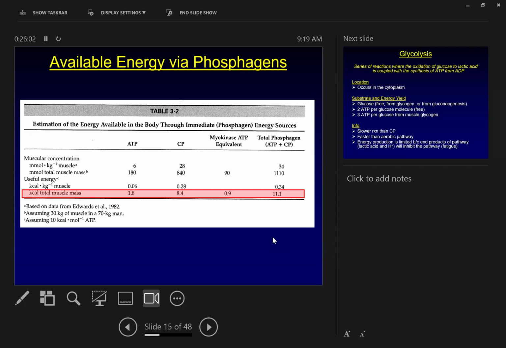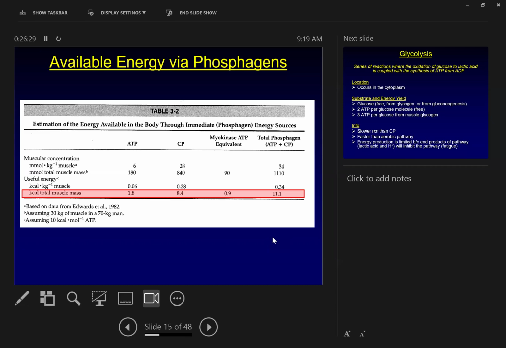But we're at about 2 for ATP, we're at about 8.5 for creatine phosphate. So about 4 times as much energy stored, maybe a little bit more, as creatine phosphate. Myokinase is about 1, so there's less ability to even do myokinase than we have stored ATP. It's not very much. And so our total phosphagen system adds up to about 11 somethings, okay?